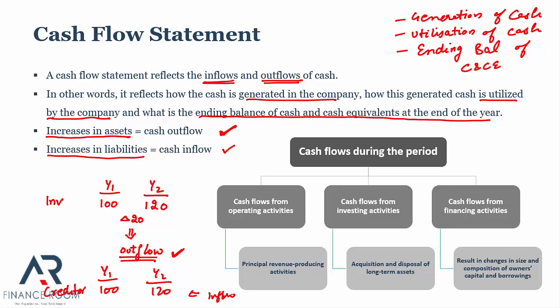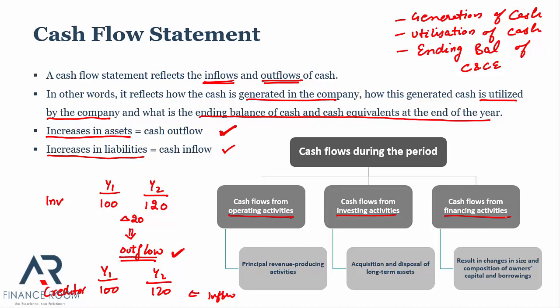Now, cash flows during the period that you generate can be divided into three different heads: cash flows from operating activities, cash flows from investing activities, and cash flows from financing activities. Operating activities is basically your day-to-day operations.